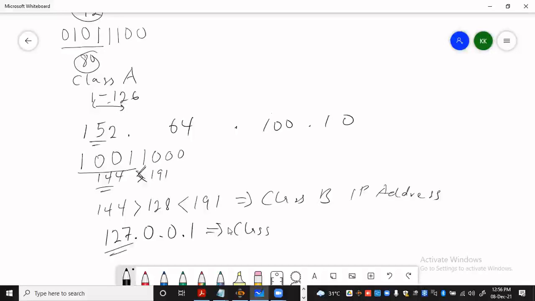It's neither in class A or class B. It's just a reserved IP address. So we say it's reserved for testing only as a loopback IP address.